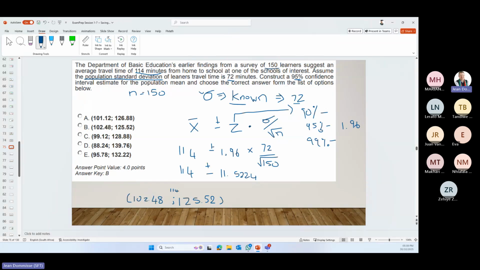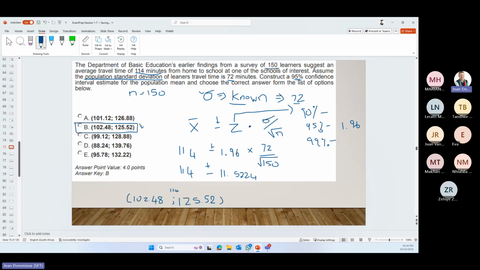Let's see, there's option B. And just to check, if you add those two together, 102.48 plus 125.52, and you divide it by 2, you will get 114 as well.